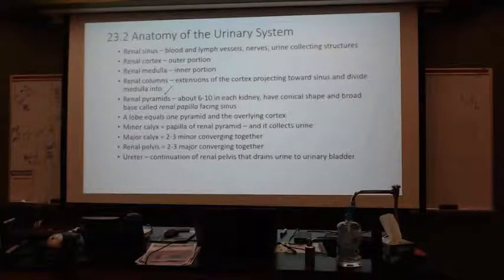So if I look at this pyramid, the cortex over top of it I'm referring to as one lobe. Is everybody kind of following me on that? Okay. Now, we're going to have parts called the calyx. I have a minor and a major.